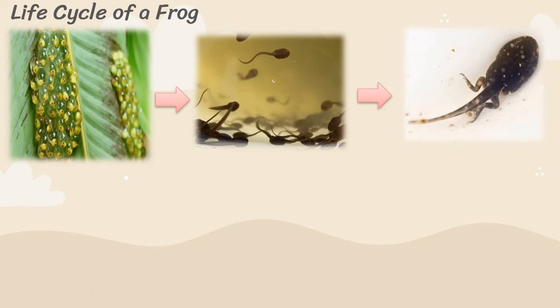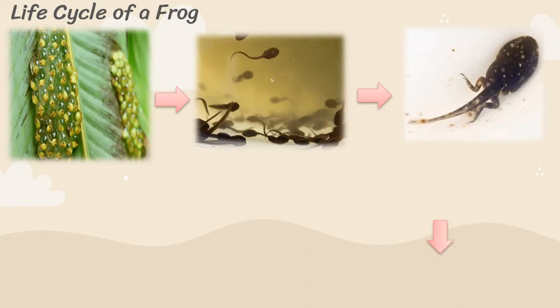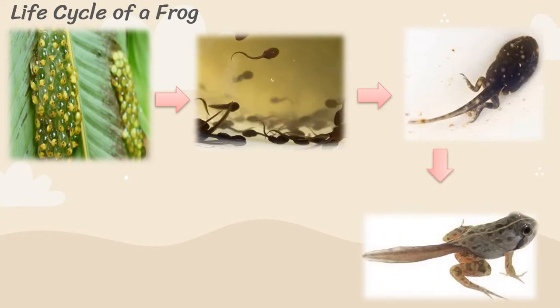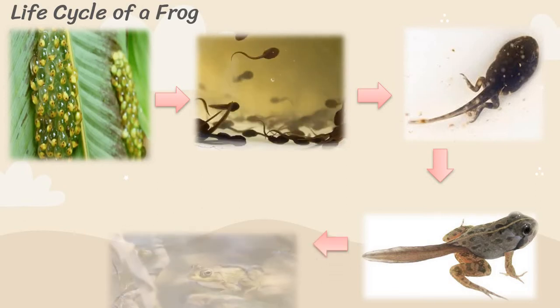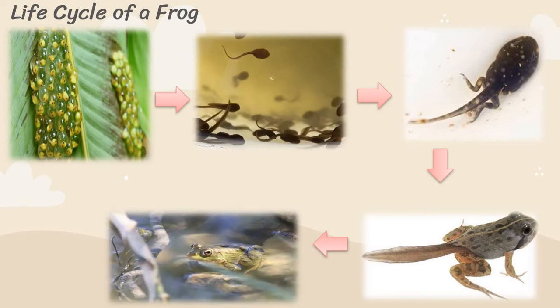By this time, its gills disappear and its lungs develop. The frog can now breathe out of water. The frog grows into an adult frog, and the life cycle is repeated.